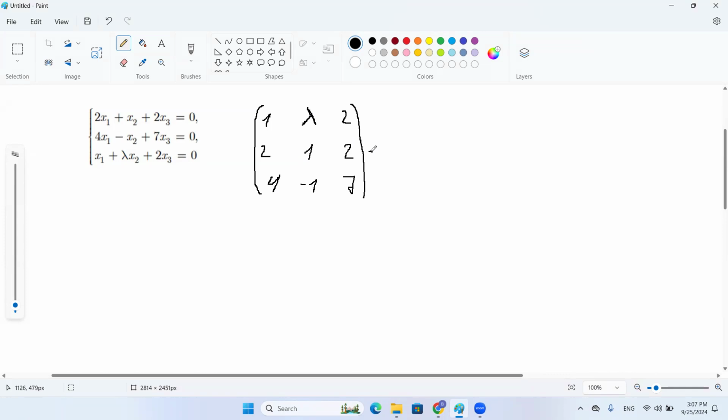Which method are you supposed to use? Which seems to be the easiest way in such a situation? For a homogeneous system, which will we mainly use? Determinant?